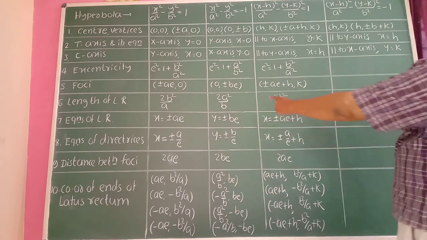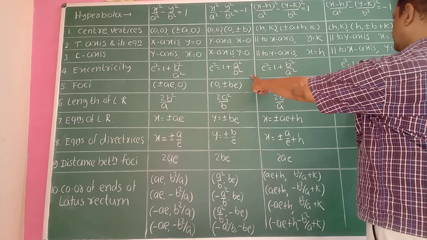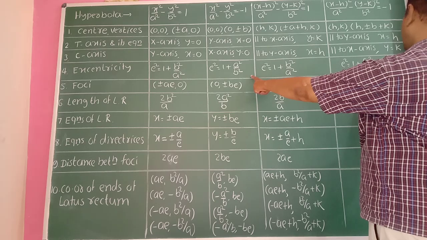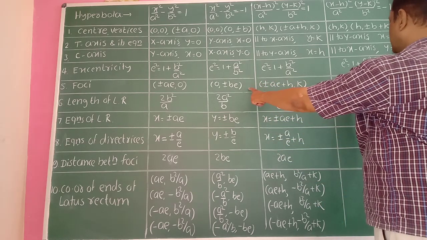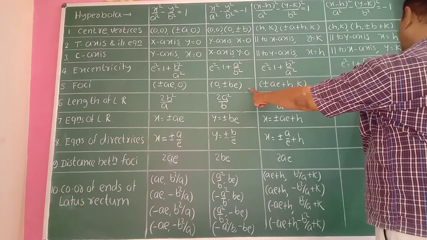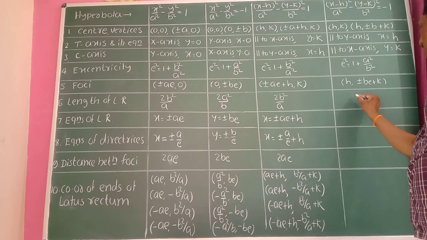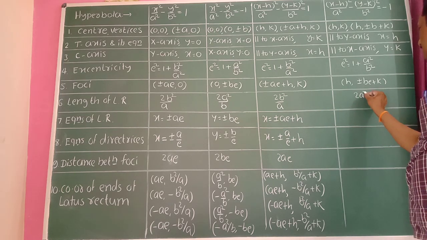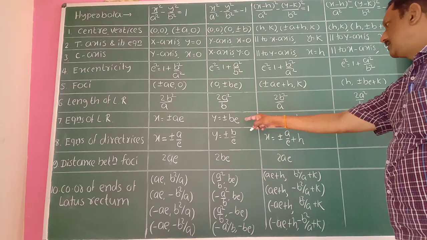Then eccentricity is the same here, e squared is equal to 1 plus a squared divided by b squared, and the foci are h comma plus or minus be plus k, and the length of the latus rectum is the same here, 2a squared divided by b.